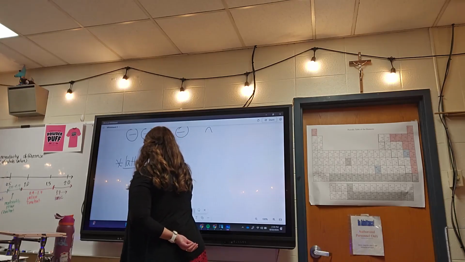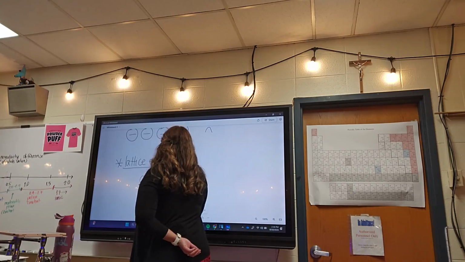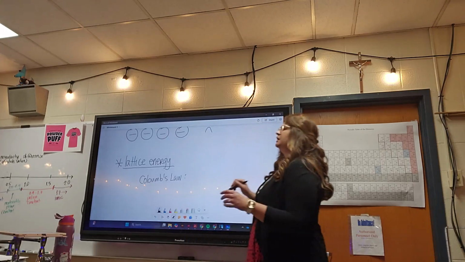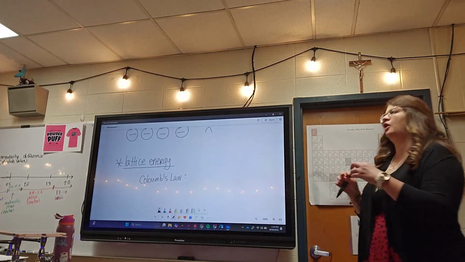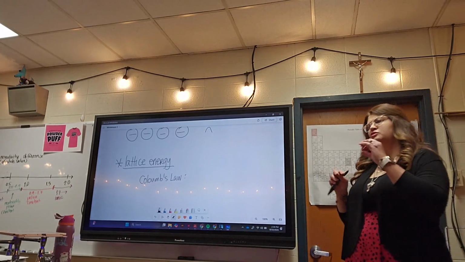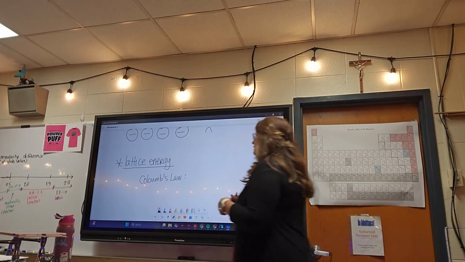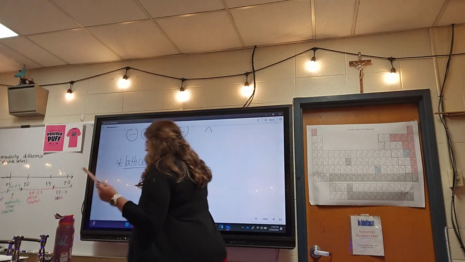Oh, I spelled it wrong. Coulomb's law talks about the force that's involved when two oppositely charged things are next to each other.